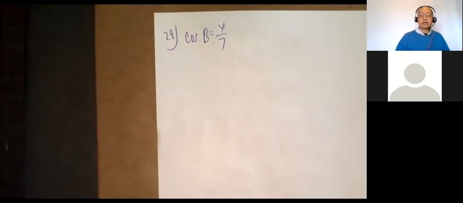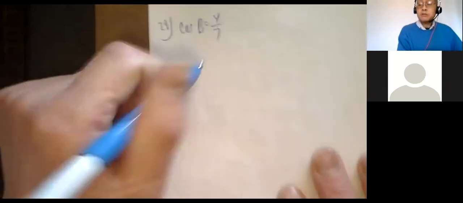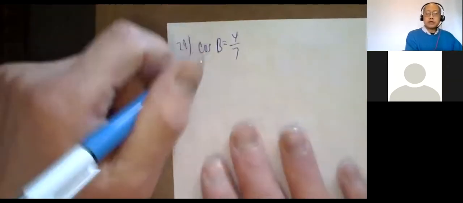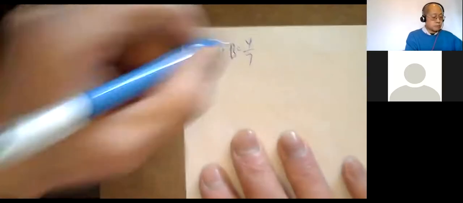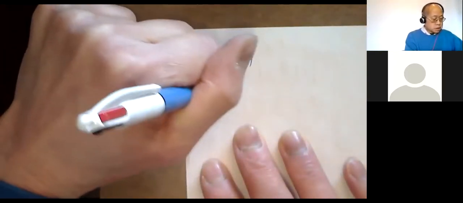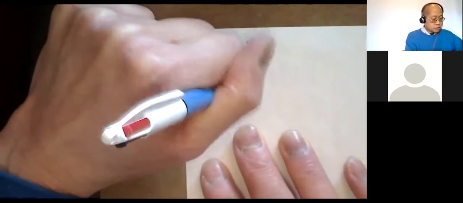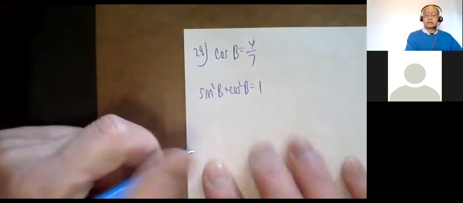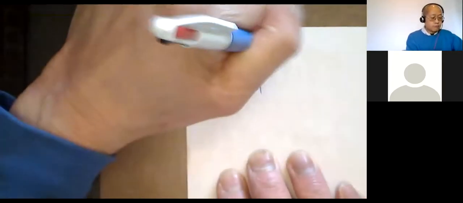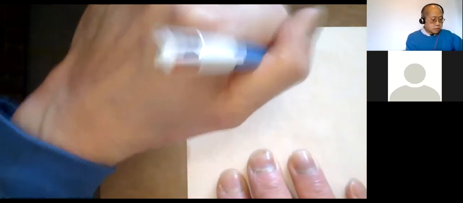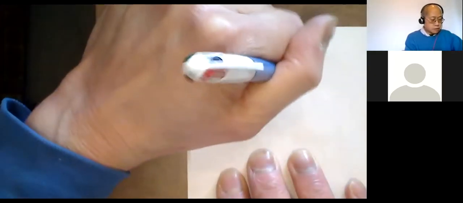Cosine of B is 4/7. There's actually two ways you can do this problem. They're both acceptable. Sine squared B plus cosine squared B is equal to 1. First quadrant, because it says acute angles. Acute angles means less than 90.